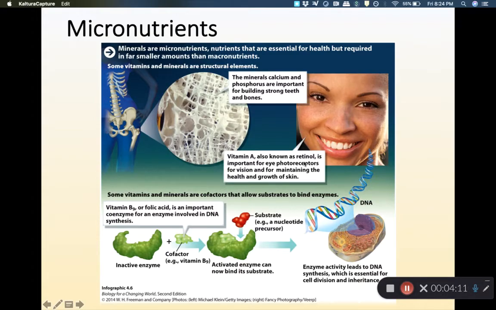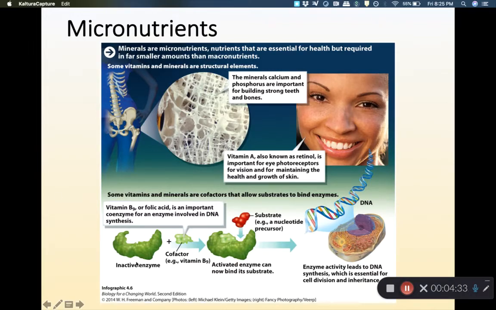For those people who are really into skincare, it can help with wrinkles, and it helps maintain the photoreceptors in your eye and vision.